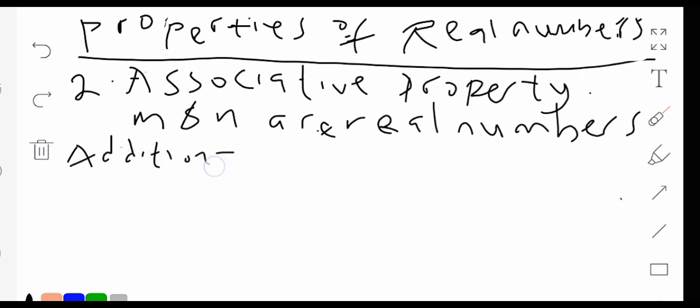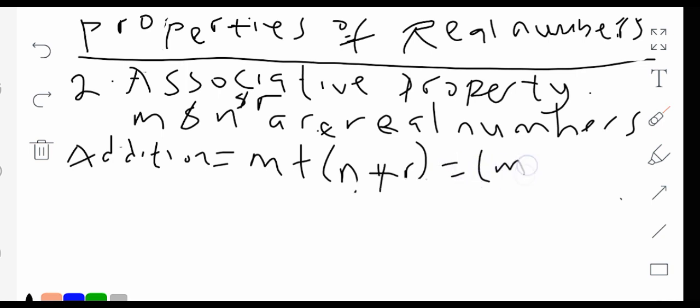Sorry, if m, n and r are three numbers in association, we want to see how they are associated. So m plus open bracket n plus r close bracket will be equal to open bracket m plus n close bracket plus r.